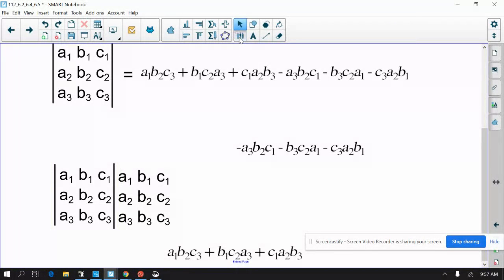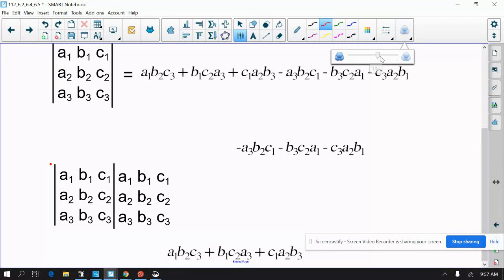And now we can use those arrows again. Watch. If I start from the top left and go down, A1 times B2 times C3 is this first product. And then the next one, B1 times C2 times A3 is this next product.